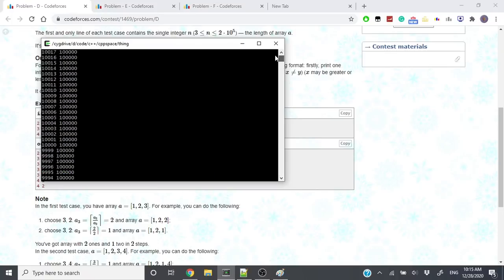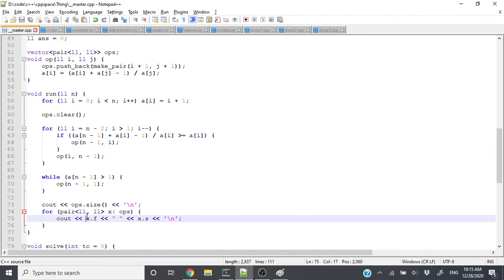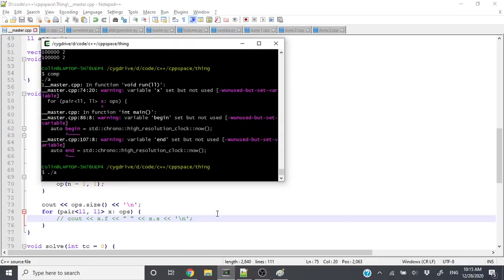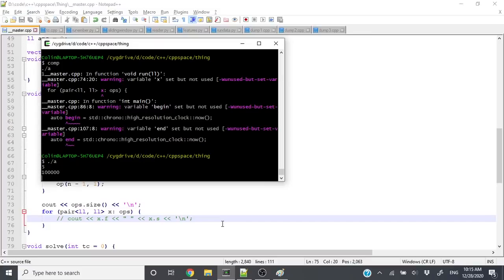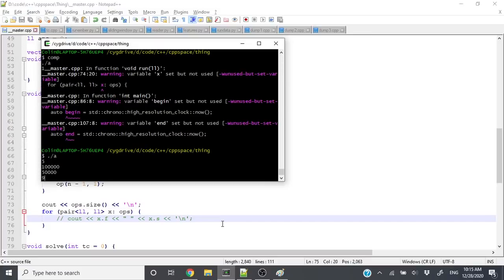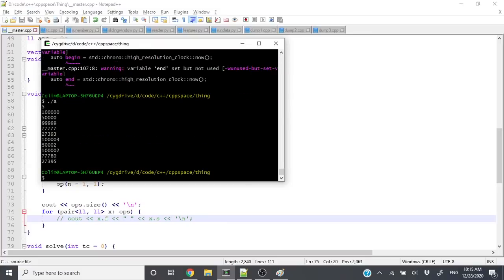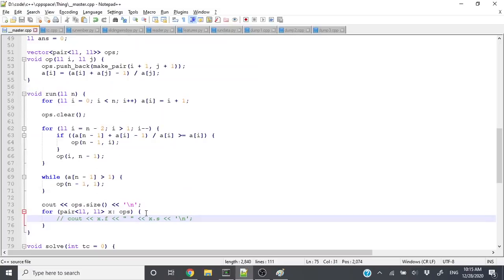That would not have a chance of working. Okay. It uses at most m plus 3.